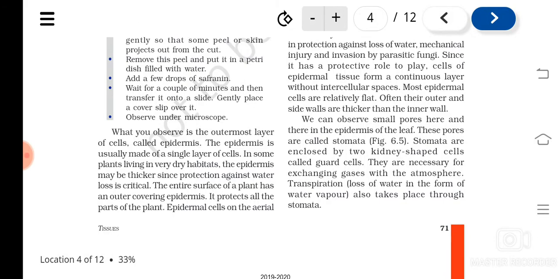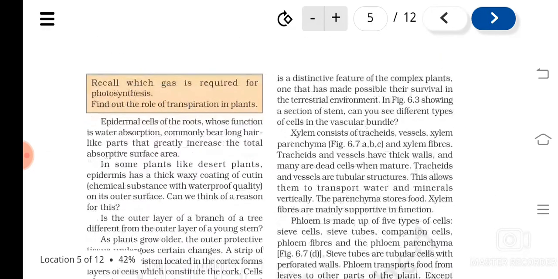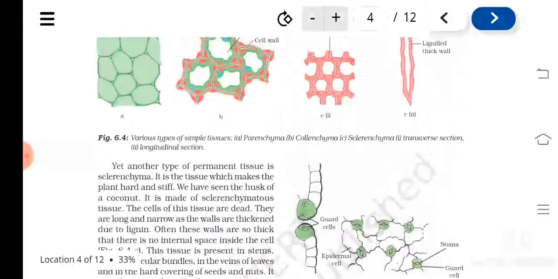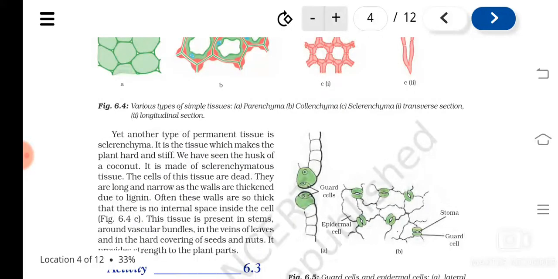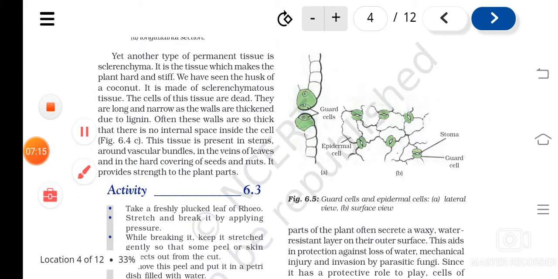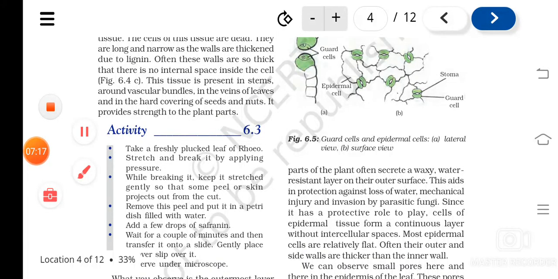These pores are known as what? The stomata. And they are guarded by guard cells, which cover the stomata. These guard cells are kidney shaped and they help in the opening and closing of stomata. Clear? So these are the things we learned till now.